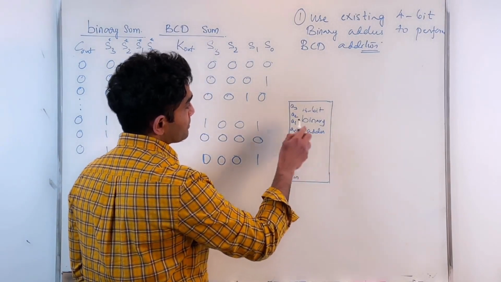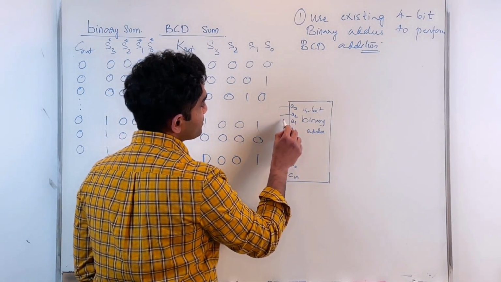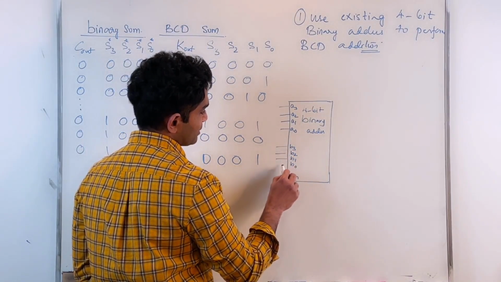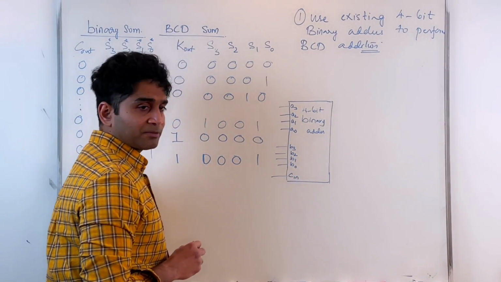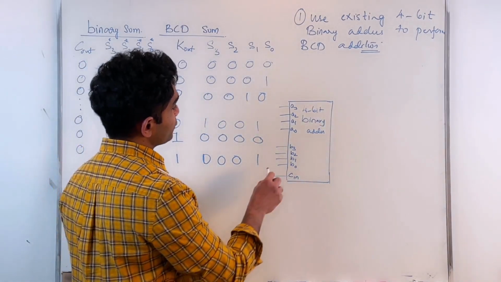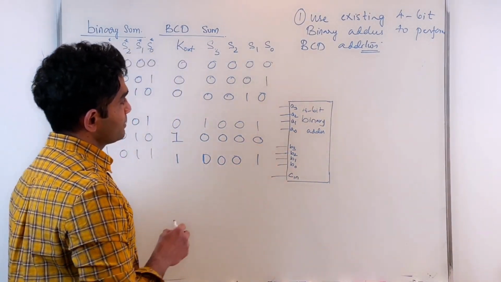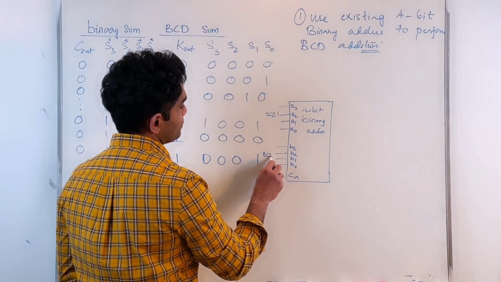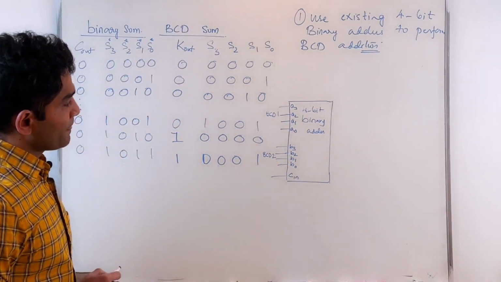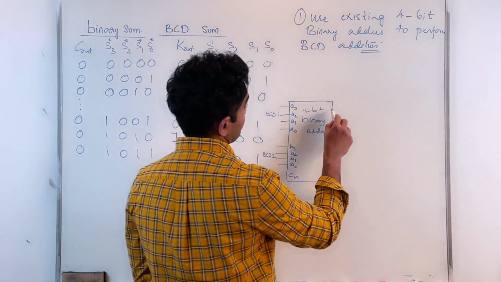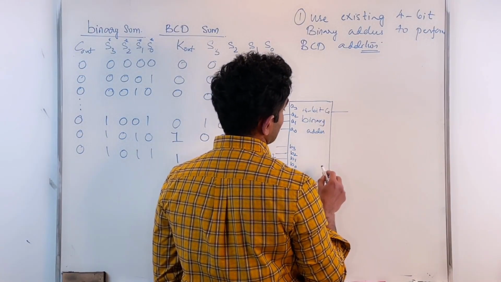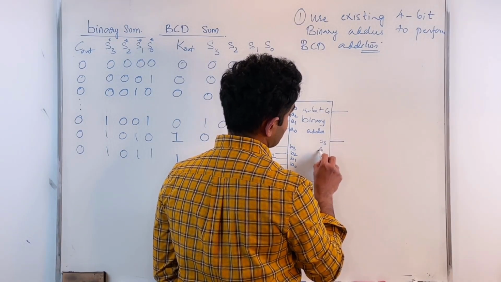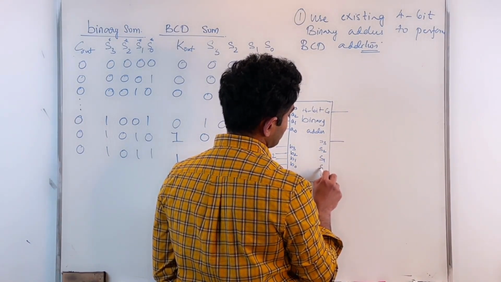So that's the first binary coded decimal value applied, that's the second one, and that's your Cin from the previous digit. Call them BCD1 and BCD2, and then I'm getting the Cout and the sum S3, S2, S1, S0.